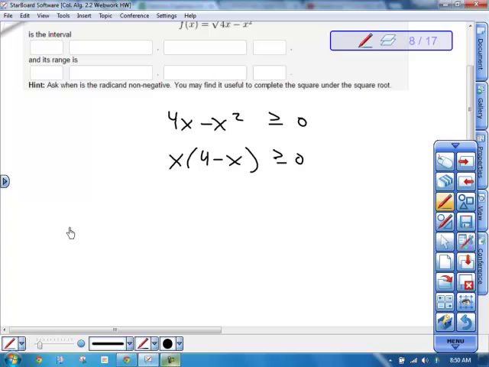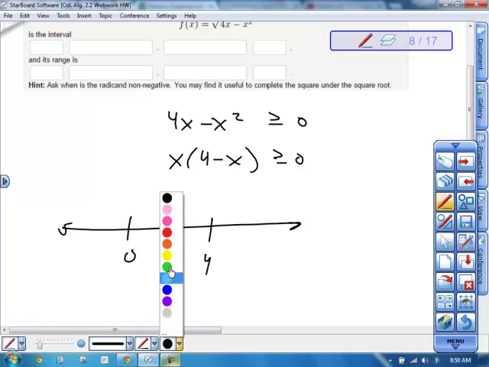If I factor out an x, I can make a sign chart, like we've done in the past. I'm going to put the key points on there, which are 0 and 4. I'm going to test behind 0: -1 gives me a negative and then a positive, so that'd be a negative. If I stick in a number between 0 and 4, like 1, it gives me a positive and a positive. And if I stick in a number bigger than 4, like 5, that gives me a positive and a negative, so that would be negative.